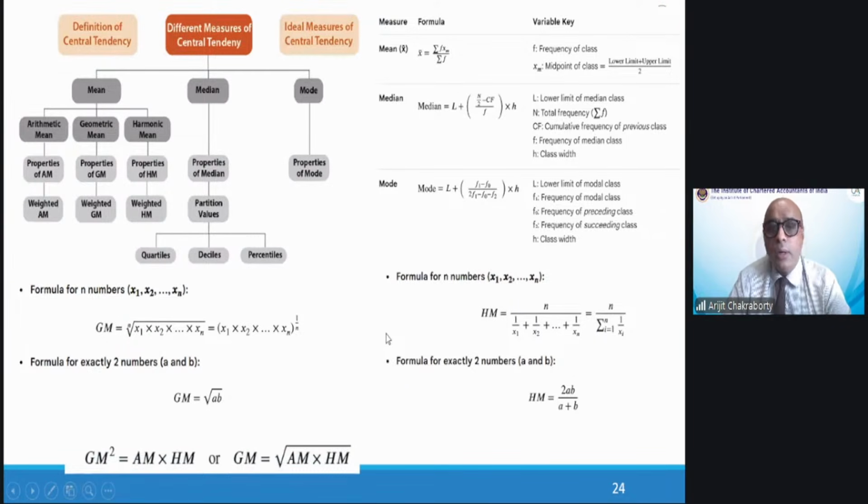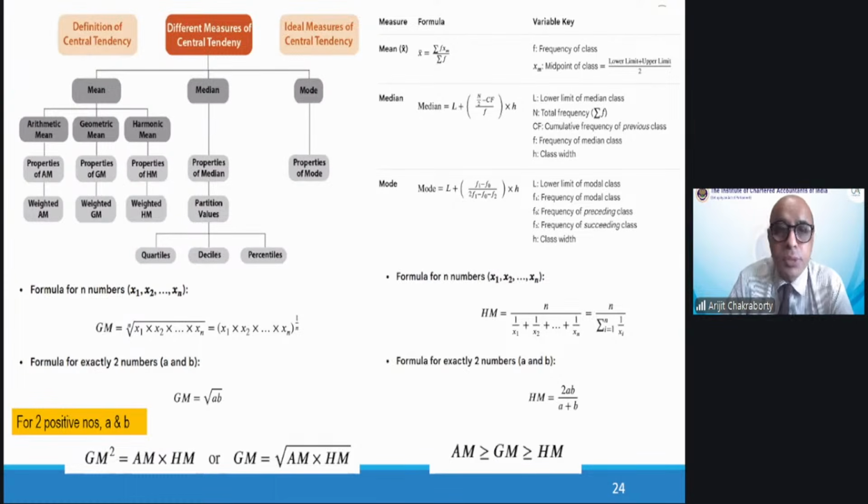To conclude, for two positive numbers a and b, the product of the arithmetic mean of the two numbers and the harmonic mean of these two numbers will be equal to the square of the geometric mean of these two numbers. So please remember this relationship as well, but kindly do note that this is going to hold good only for two positive numbers. And of course, the empirical relation that arithmetic mean is always greater than or equal to geometric mean, which is greater than or equal to harmonic mean.